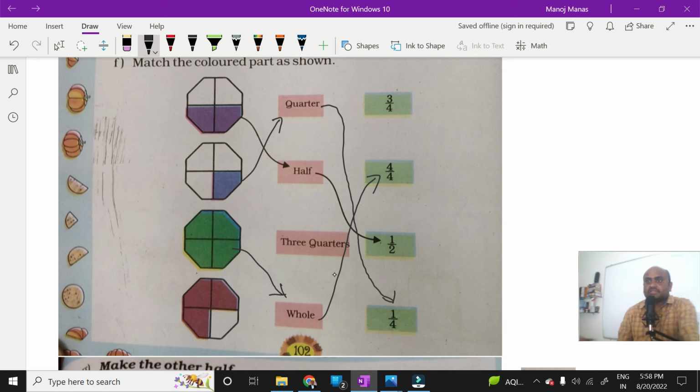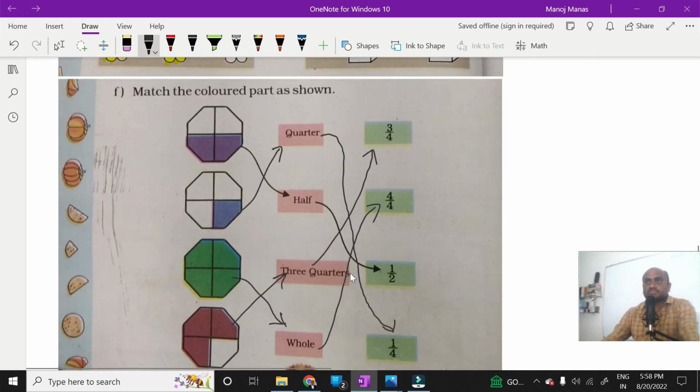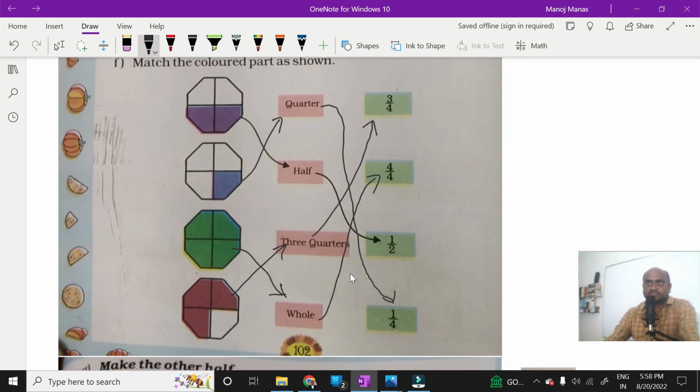Okay, and similarly 3 quarters, 1, 2, 3, 3 quarters, only another quarter is left here. So this is 3/4, and 3/4 is the value for that. Okay, so this is how you have to write.